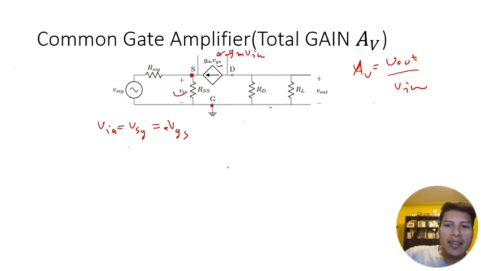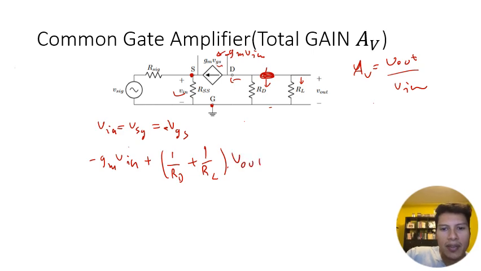Okay, now let's look at this node equation. So we have currents coming in this direction. So we have negative gm Vin plus (1 over RD plus 1 over RL) Vout has to be equal to 0.